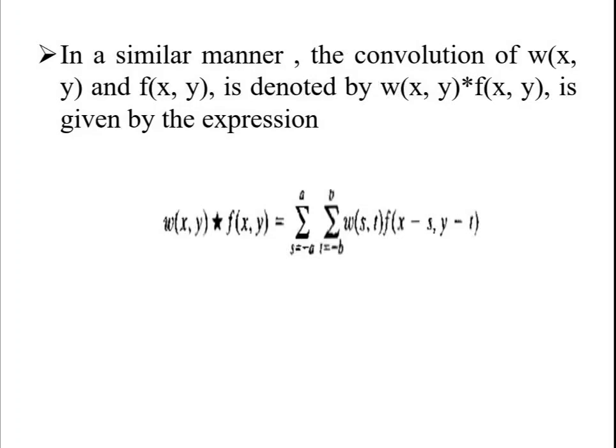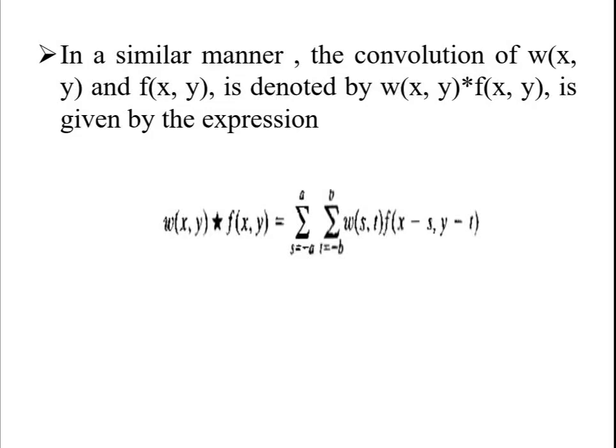In a similar manner, the convolution of w(x, y) and f(x, y) is denoted by w(x, y) convolved with f(x, y), and is given by the following expression: the summation of s equals minus a to a, the summation of t equals minus b to b, of w(s, t) f(x plus s, y plus t), or f(x minus s, y minus t).